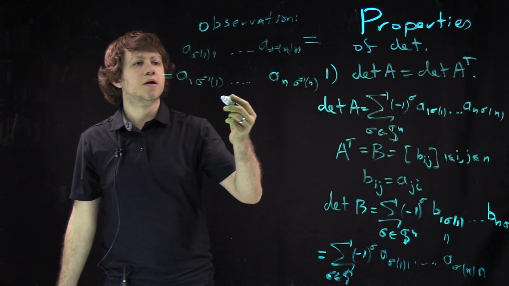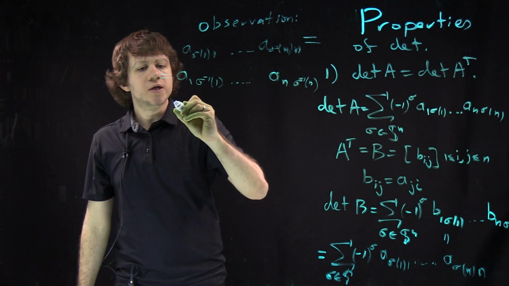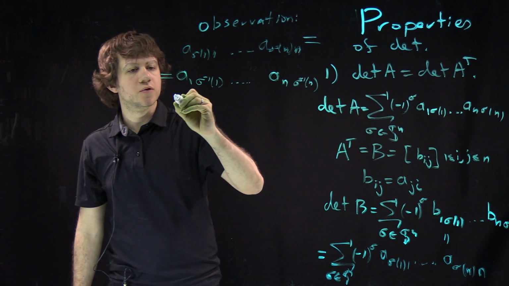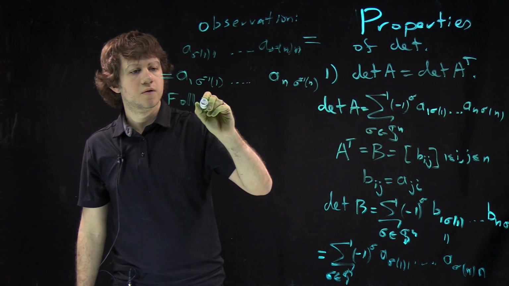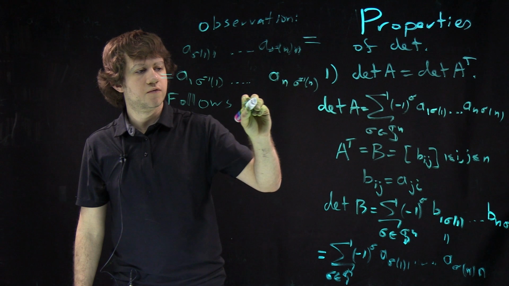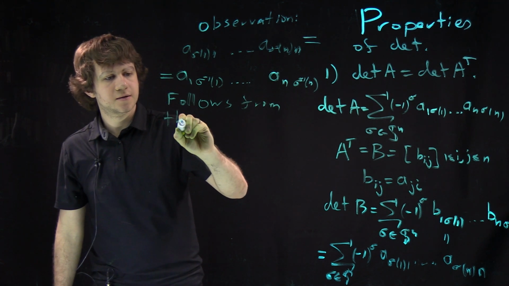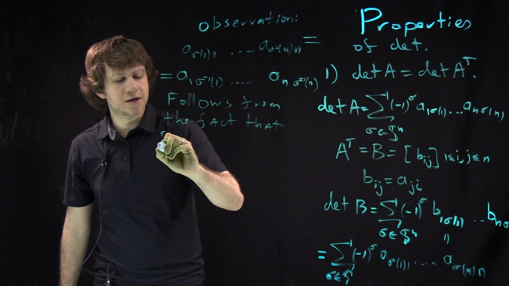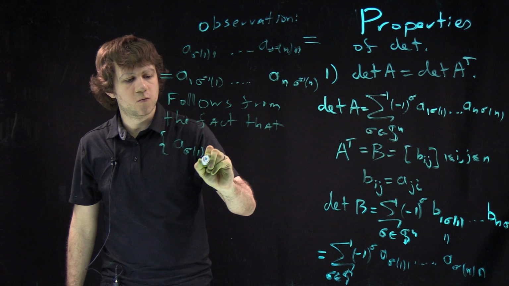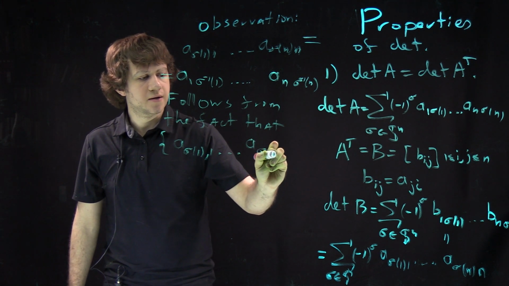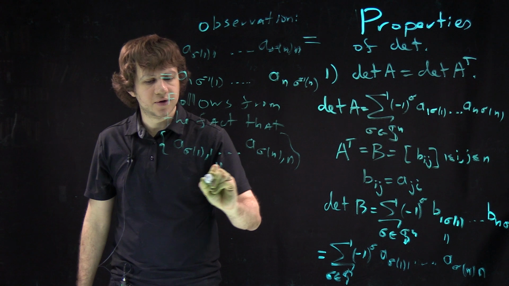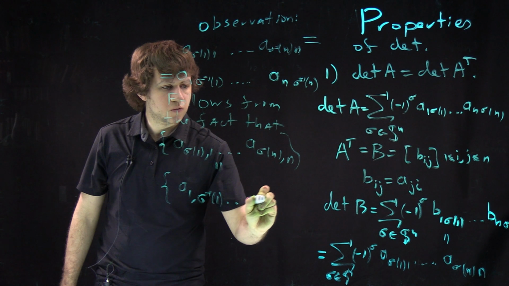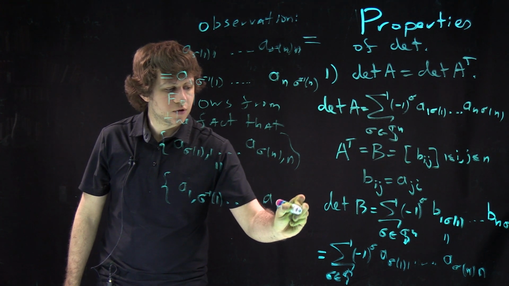Let me explain why this is the case. This follows from the fact that the set of numbers a sigma of 1, 1 up to a sigma of n, n is just the same set of numbers as a1 sigma inverse of 1 and so on, an sigma inverse of n.